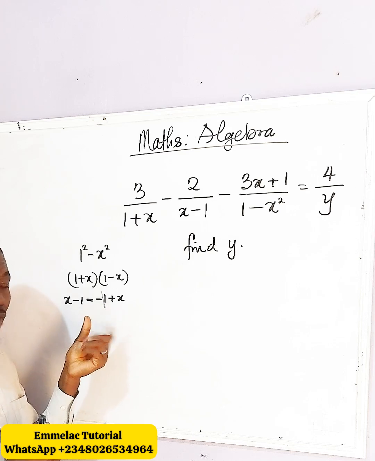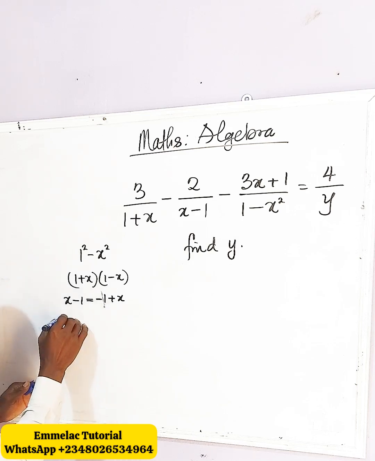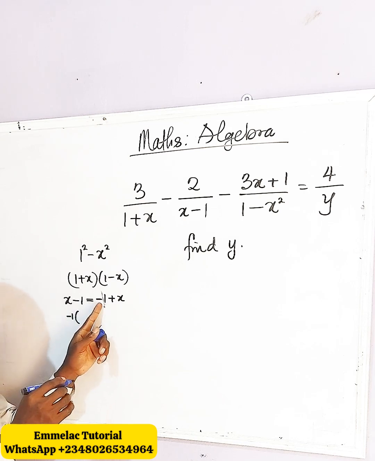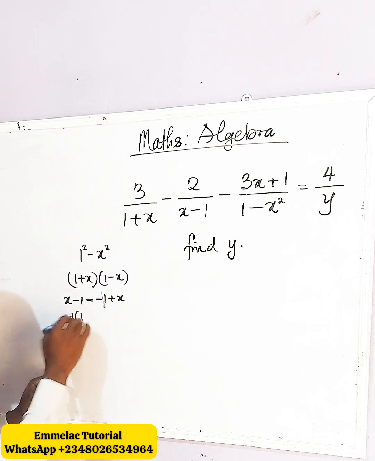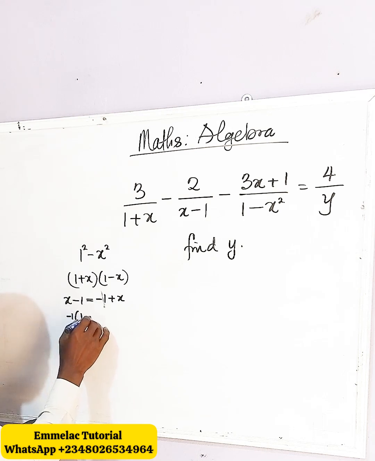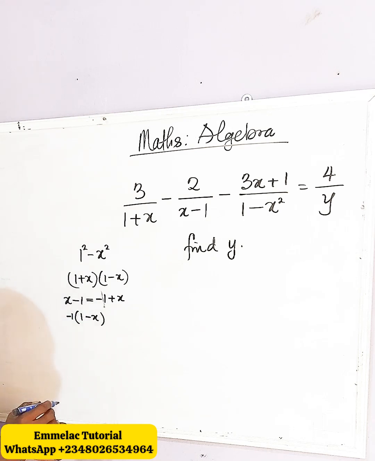Factoring out negative 1 here will give us 1, and factoring out negative 1 here will give us negative x. So here we now have negative 1 into 1 minus x.